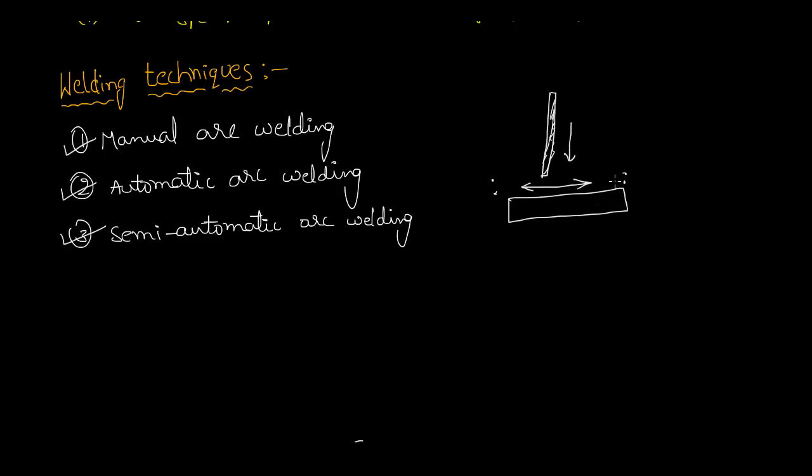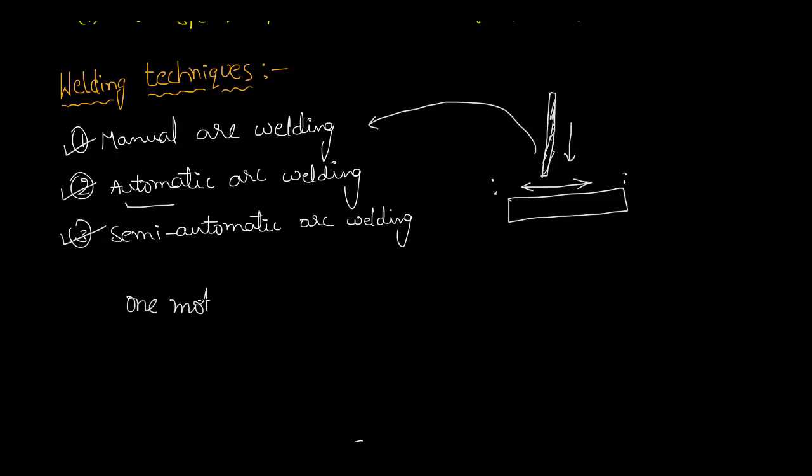If these two motions are controlled by man, then that is called manual arc welding. If one motion is controlled by man and the other motion is controlled by machine, then that is called semi-automatic arc welding. If both motions are controlled by machine, then that is called automatic arc welding.